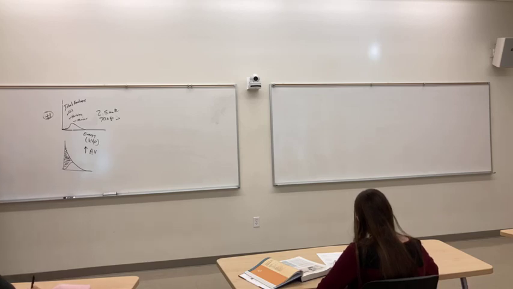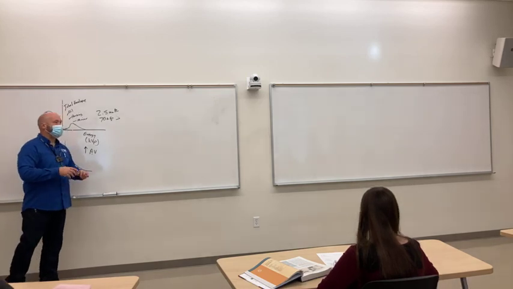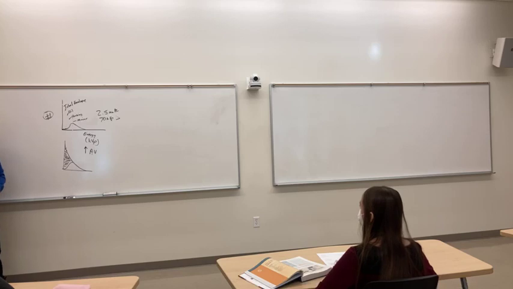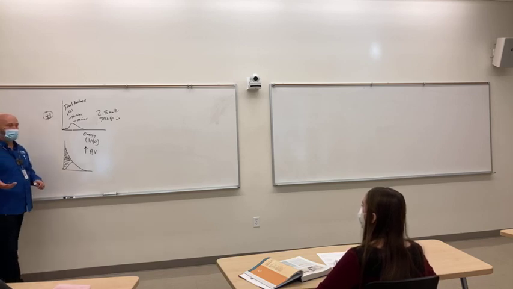So I think I used this analogy last semester. I use it again this semester. If you have, say, 7 test grades and you tank 2 tests, I mean, you really messed up 2 tests. What does your average look like? Not good, right? We don't have to throw a number at it. You know that if you really messed up 2 tests, your average is going to be very poor.